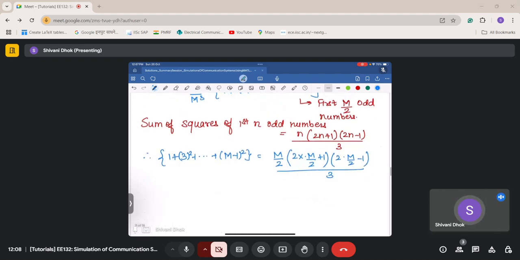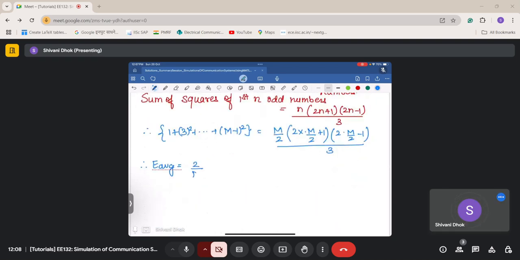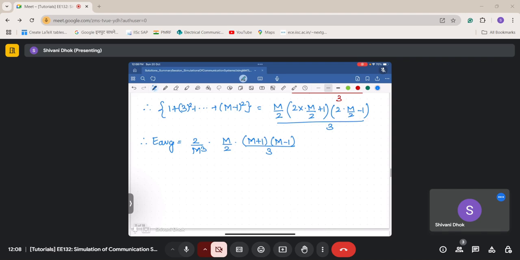So therefore E average will be equal to 2 by m cube multiplied by m by 2 into m plus 1 into m minus 1 by 3. So one m gets cancelled here and this 2 gets cancelled.